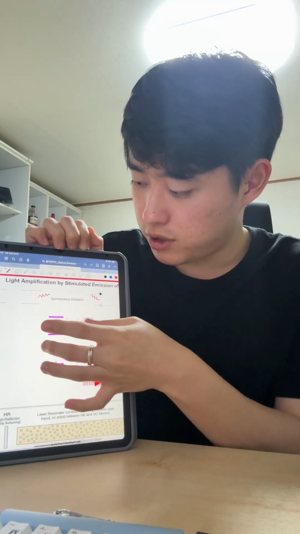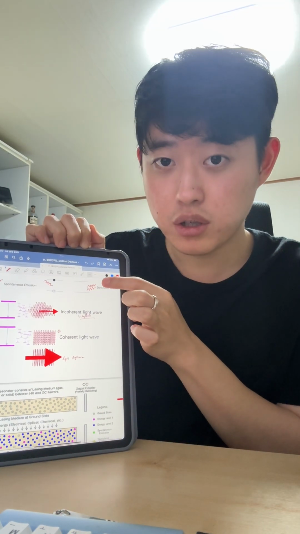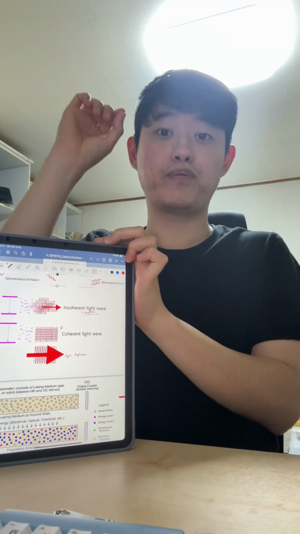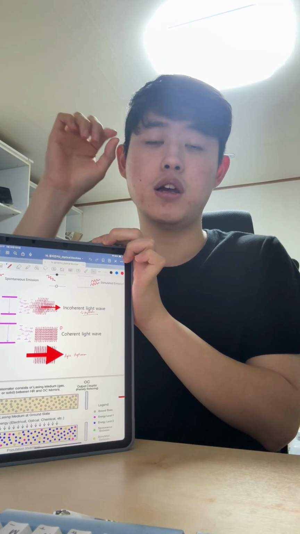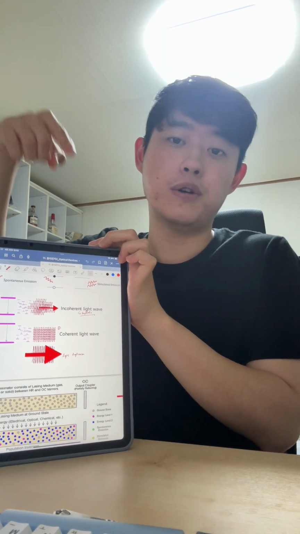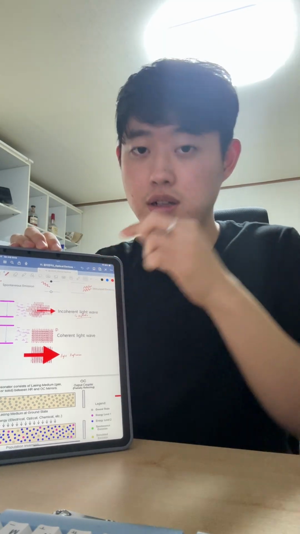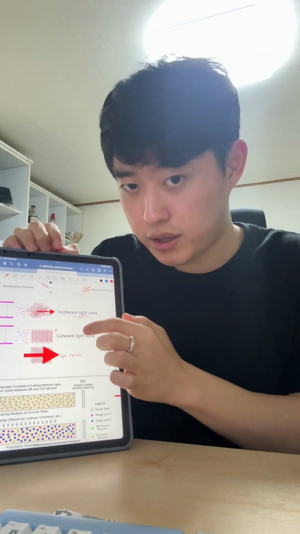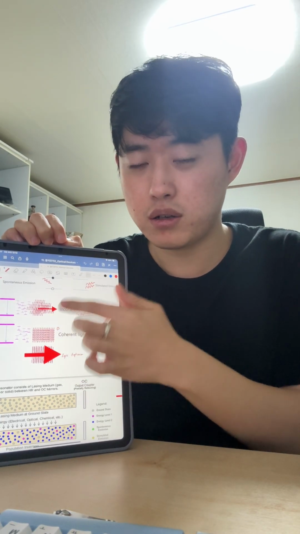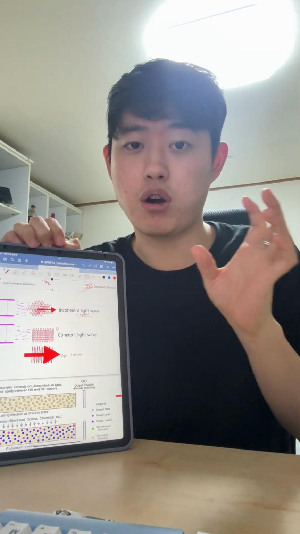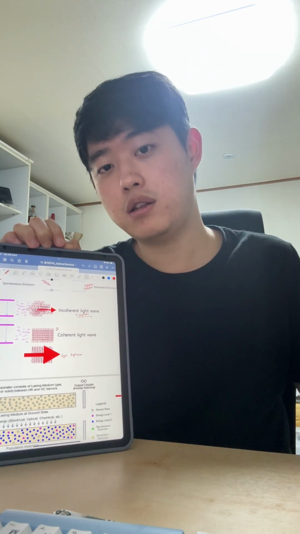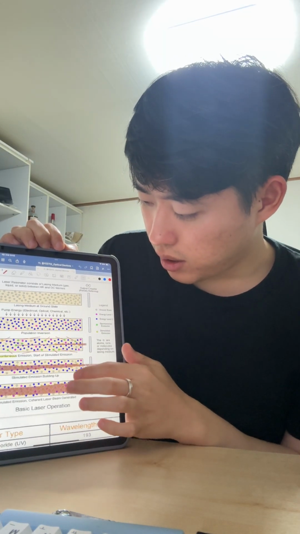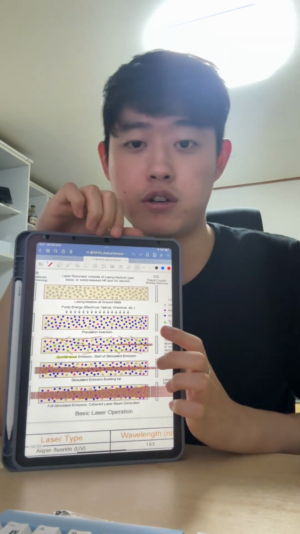This is the same stimulated emission: when an electron is in the conduction band and light goes into it, the electron goes down and emits light. So the light can be a coherent light wave, and it can be amplified.